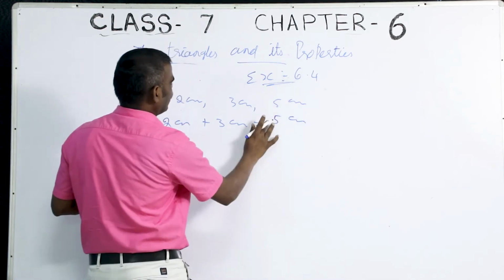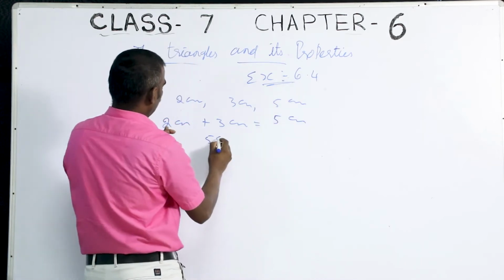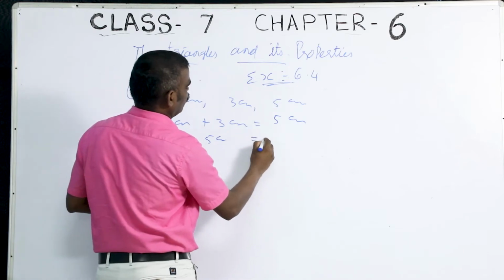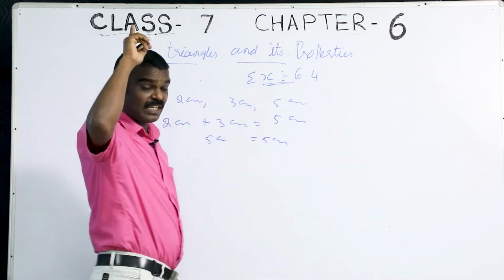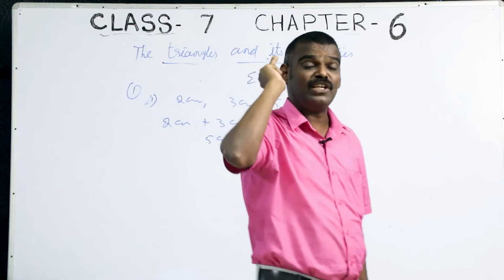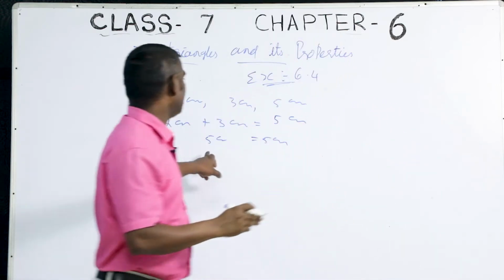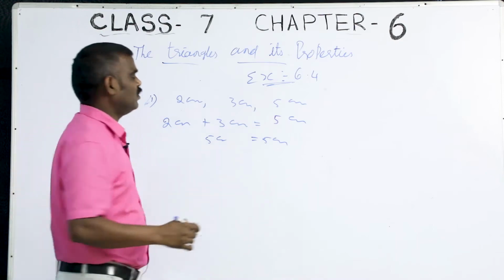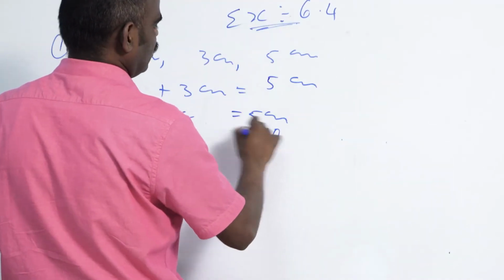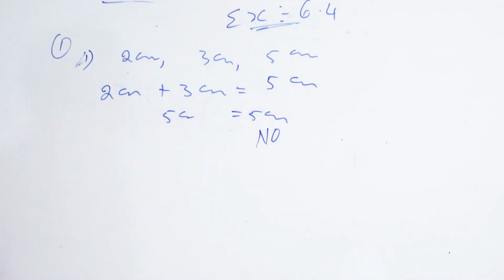Equal to 5 centimeter, right? 2 centimeter plus 3 centimeter, 5 centimeter equal to 5 centimeter. But what does the theorem tell? Sum of any two sides is always greater than the third side. So is it possible or not? Your answer should be no.